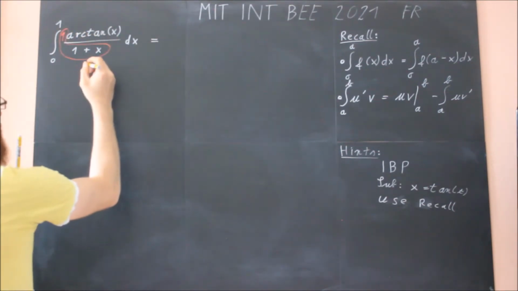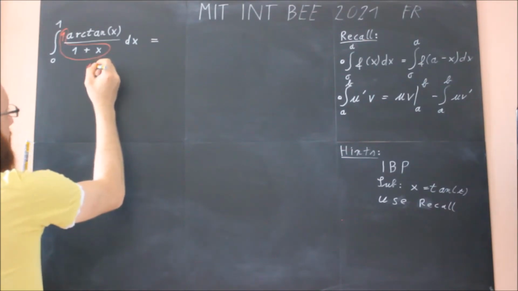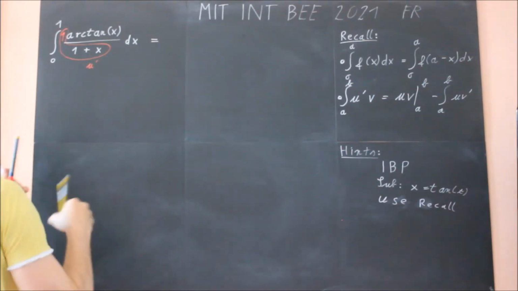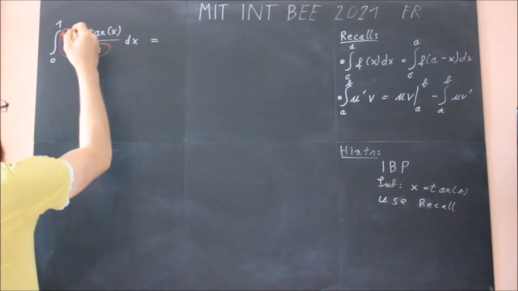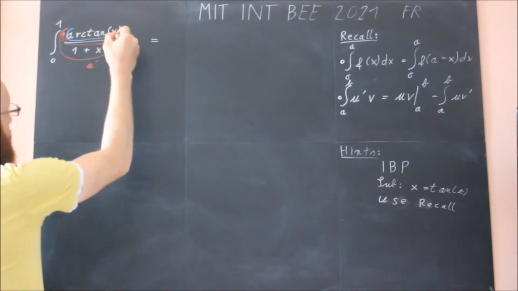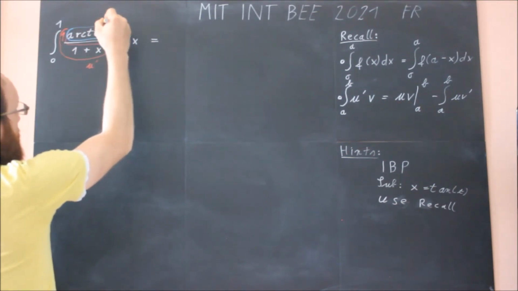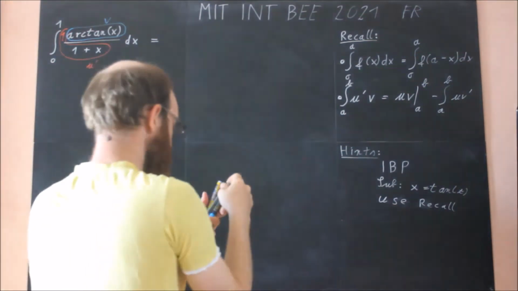1 plus x as u prime, and the inverse tangent as v. Okay?